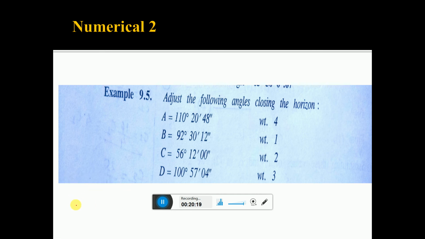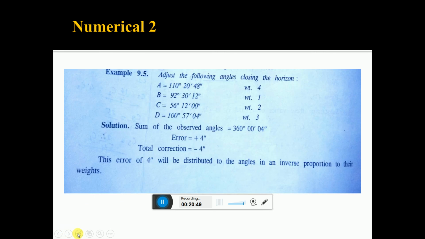As these angles A, B, C and D are measured at a particular point closing the horizon, the theoretical sum of these angles is exactly 360 degrees 0 minutes and 0 seconds. So, compare the sum of the observed angles with the theoretical sum.